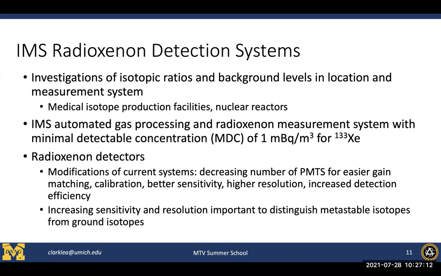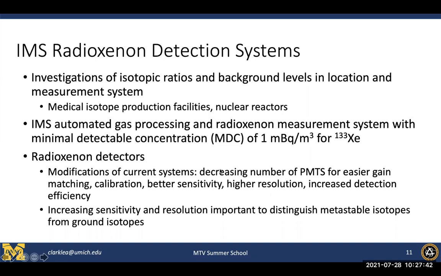And if we improve the sensitivity from the lower MDC, we get more precise and accurate measurements, which will help enforce all of our different verification regimes through the CTBT. There are quite a few radioxenon detectors that I'm going to mention in the next few slides, but there have been some modifications to current systems to help improve how radioxenon is detected.